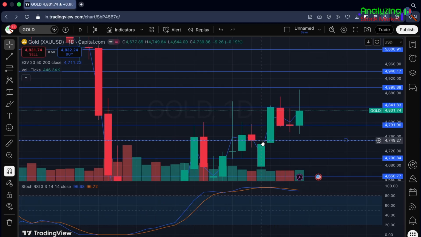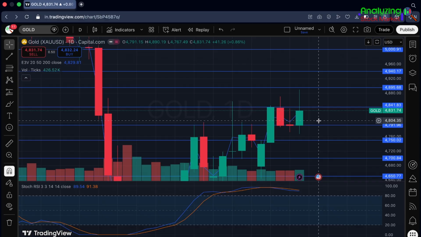As you can see, from Monday till Wednesday there is a gap between these levels. So I'm expecting that gold will fill these gaps. Here I'm expecting the overall closing in this range till Friday, but we can see momentum till this level, which is 4791 to 4750. So overall my expectation is a bit negative in this range.